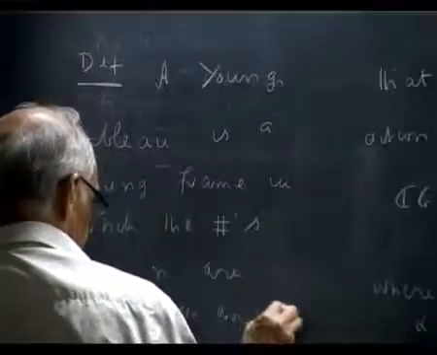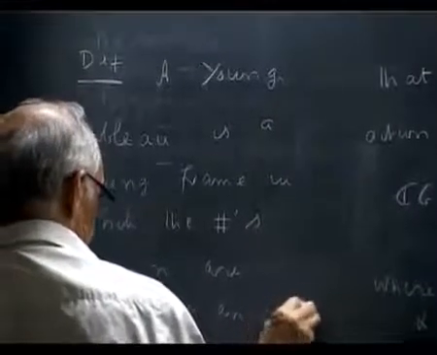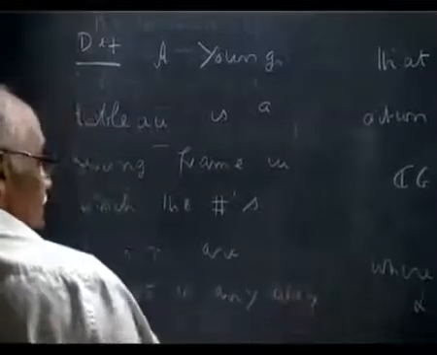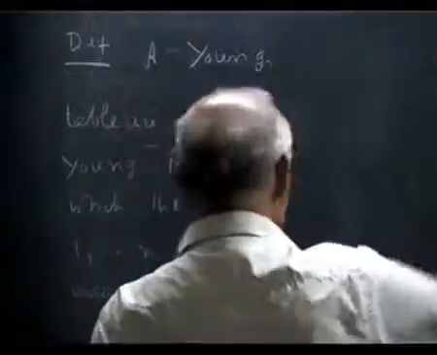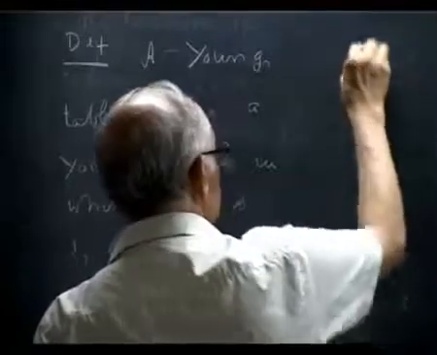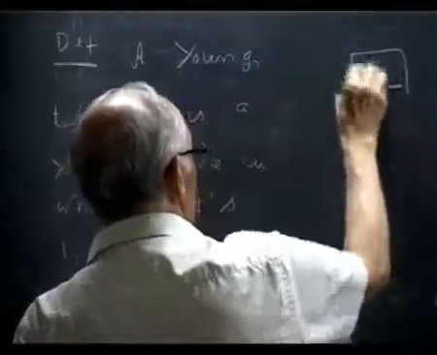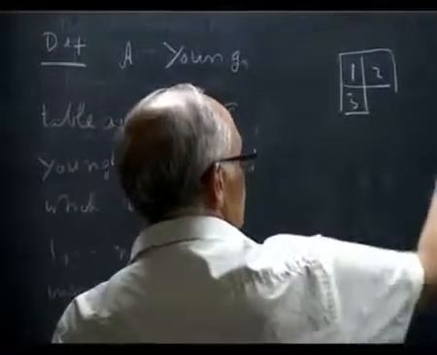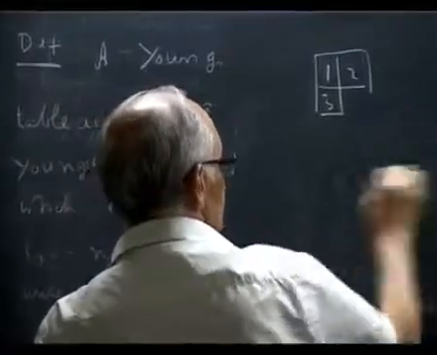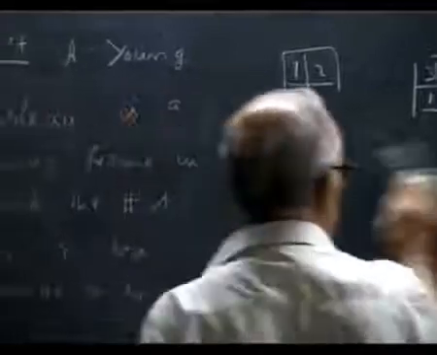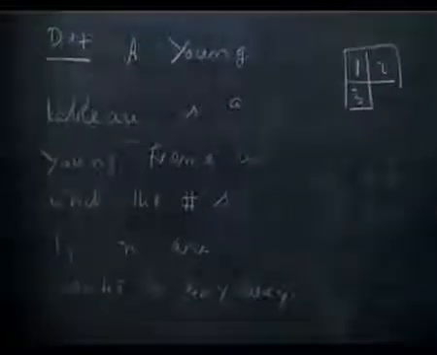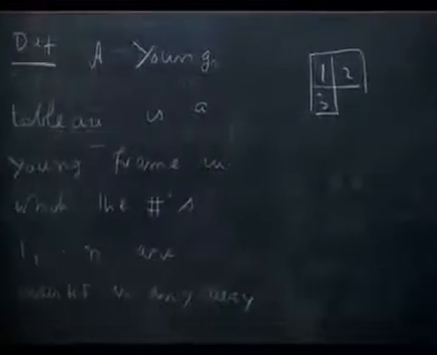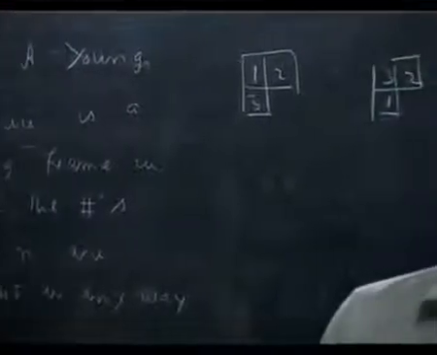In any way. For example, there is no rule here. If I take 1 2 3, that is fine, 3 1 2 is fine, and so on. Of course, you don't repeat; you exhaust 1 to n. You put them as you please, but you exhaust 1 to n.